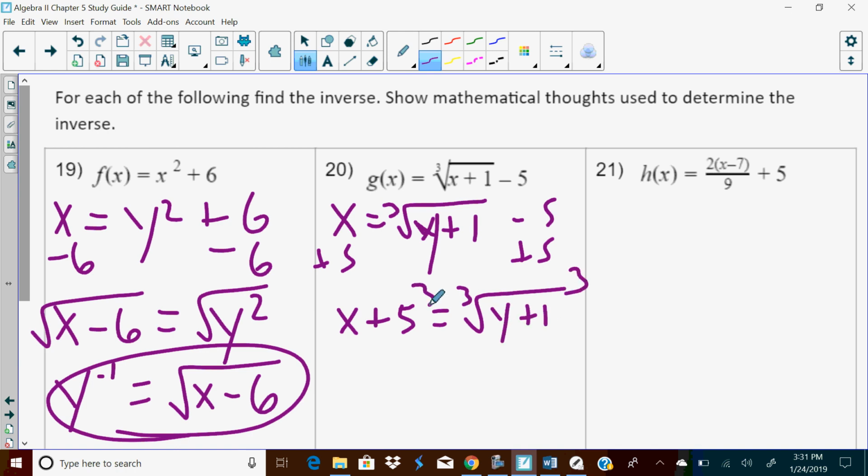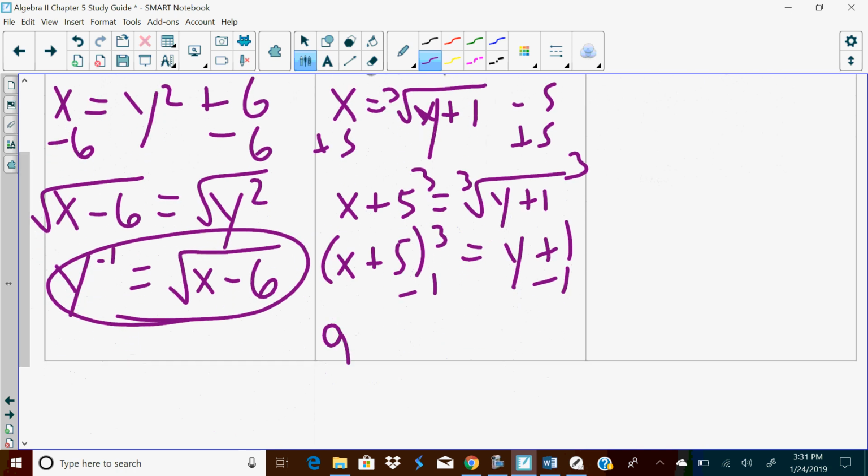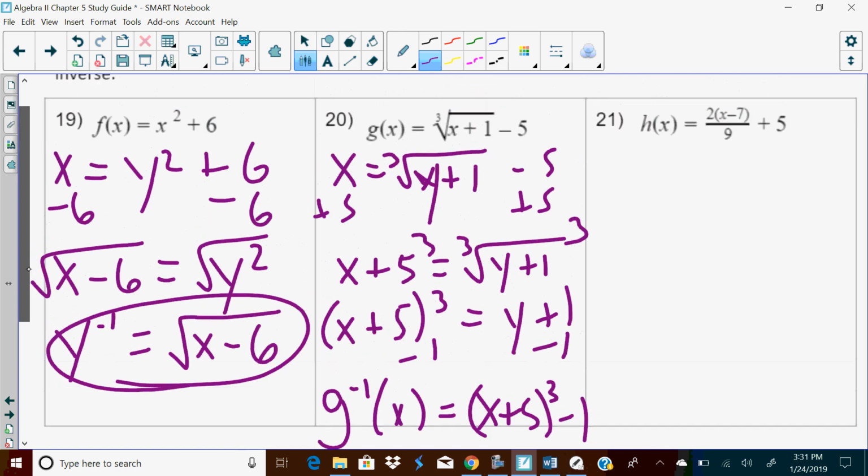Then I'm going to cube both sides. So I'm actually just going to leave it x plus 5 to the third power equals y plus 1, and then subtract 1 from both sides. So my final answer is g to the negative 1 of x equals x plus 5 cubed minus 1.